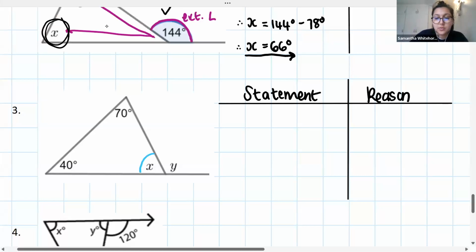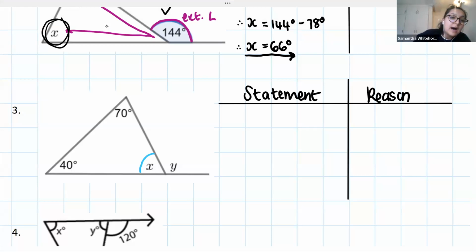Now, if I just look at where x is in this diagram, I can see it is the third of 3 angles inside my triangle. And because I already know 2 of the 3 angles, I could use sum of angles in a triangle. And so this is where we can say that they're equal to 180.